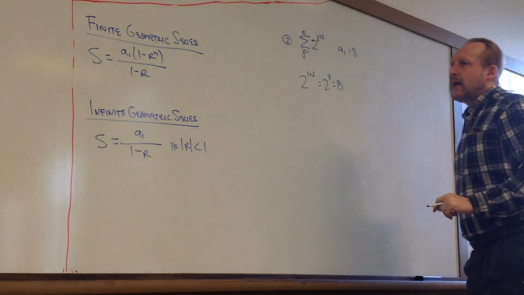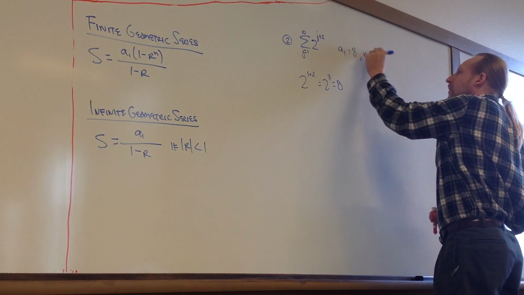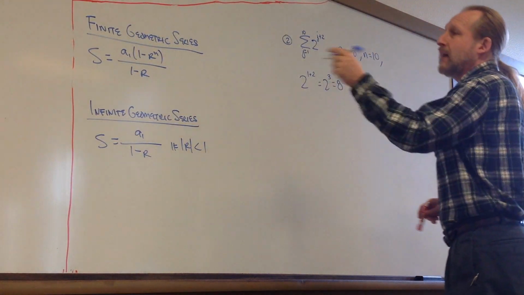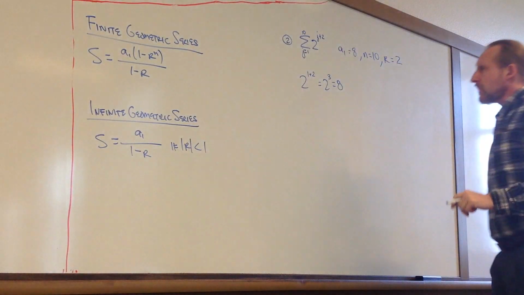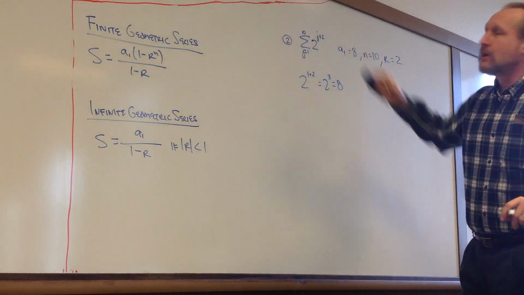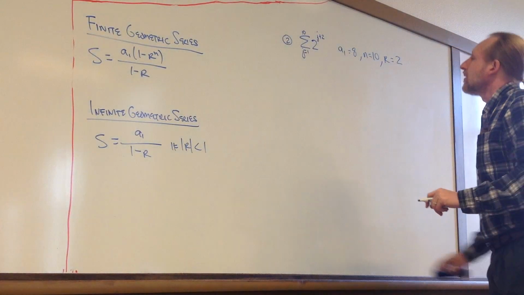Let's see, the value of n is 10. And what else? Oh, we need the value of r. The value of r in this case is equal to 2. And that'll normally be the base of whatever's being raised to the exponent in the series.